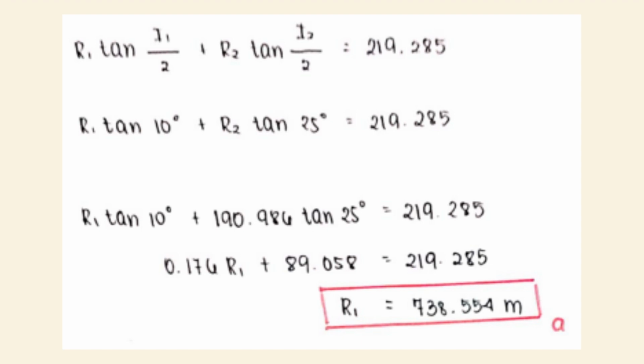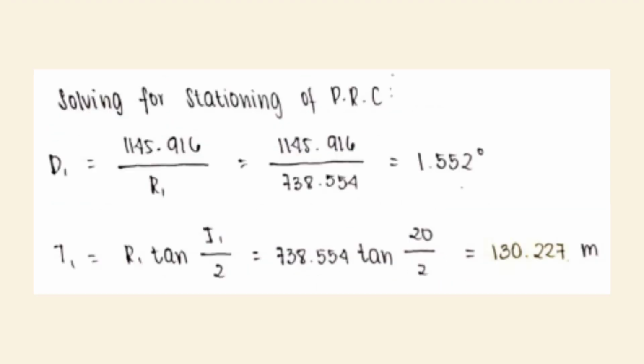Solving the equation, we have R sub 1 equal to 738.554 meters. Next, for B, we need to solve for the stationing of the PRC. But before that, let's first solve for the degree of the curve for the first curve.